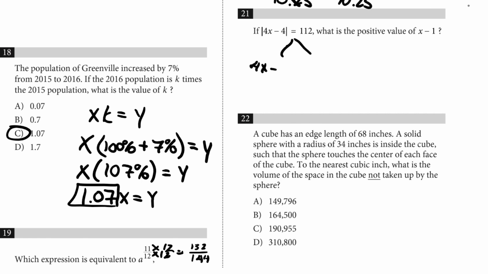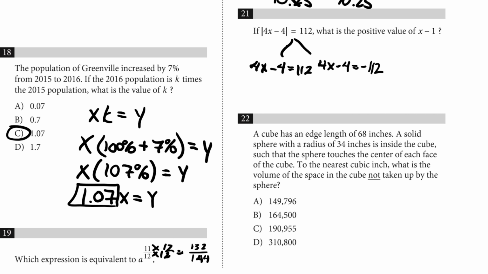One will be 4x minus 4 equals 112, and then the other one will be exactly the same, but the value on the other side of the equal sign will be multiplied by negative 1. So on the other side, we'll have 4x minus 4 equals negative 112.